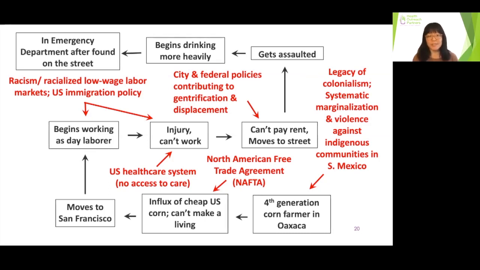In addition to all these different structures, we saw the harm in terms of the trauma of migration and separation from family, the trauma of being unhoused, living on the streets, and then getting assaulted, drinking heavily, and then losing consciousness, and ultimately ending up in the ER. And so I think this case is one of many manifestations of structural violence. If you can go on to the next slide.